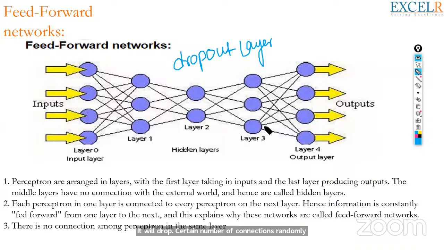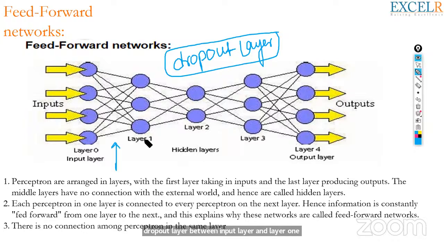It is up to you to decide between which layers you want to drop the connections. You can implement this dropout layer between input layer and layer 1, between layer 1 and layer 2, between layer 2 and layer 3, between layer 3 and layer 4. Based upon that, it will drop a certain number of connections randomly so that your network will not face the problem of overfitting.